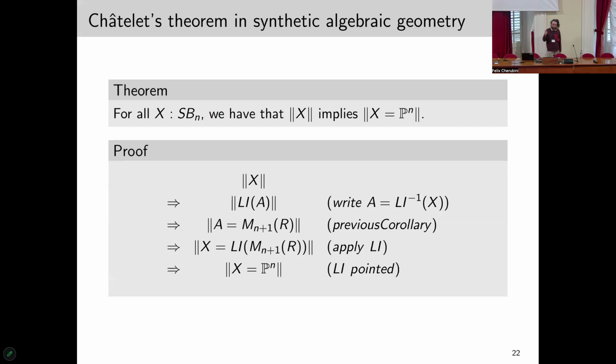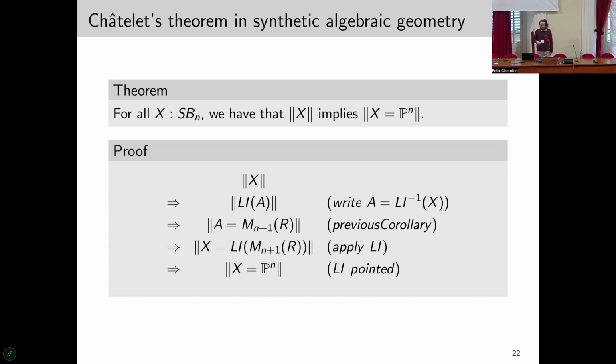And let me just state it. So the theorem we wanted to prove is: for every Severi-Brauer variety X, if it is merely inhabited, then it's merely equal to Pn. And so how do we prove this? We merely have X, so we merely have a left ideal in A, which is the inverse of X under this equivalence.